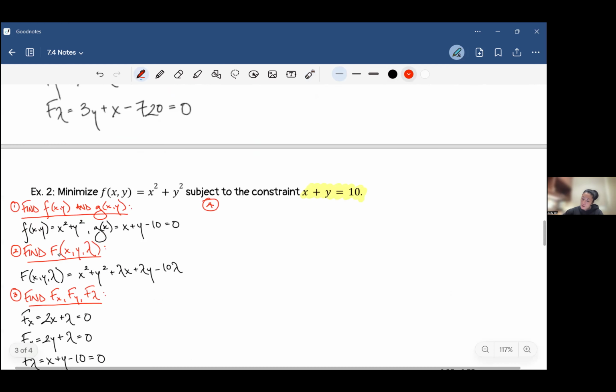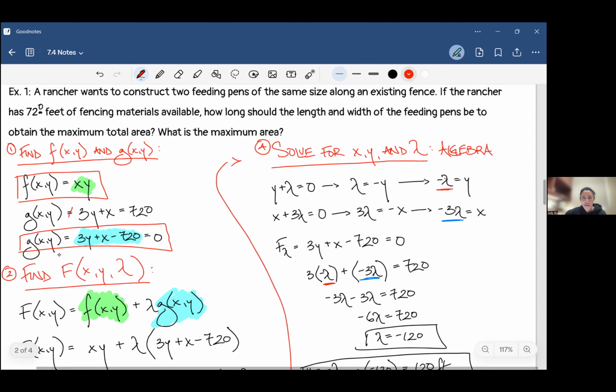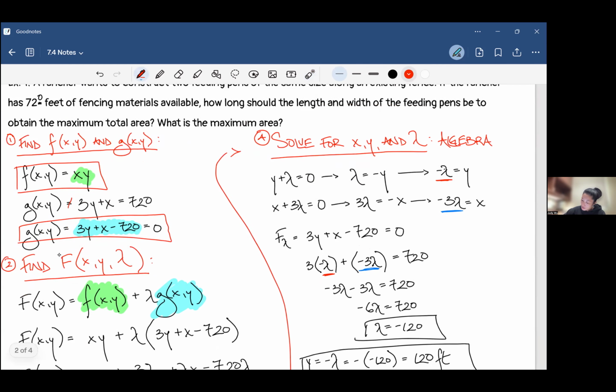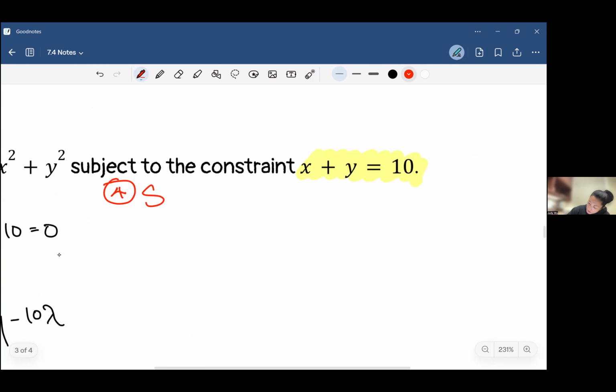Now we are going to do what might be all of our least favorite steps, which is solve for x, y, lambda using algebra. Okay, so let's write that in. I'm going to solve for x, y, and lambda with algebra.